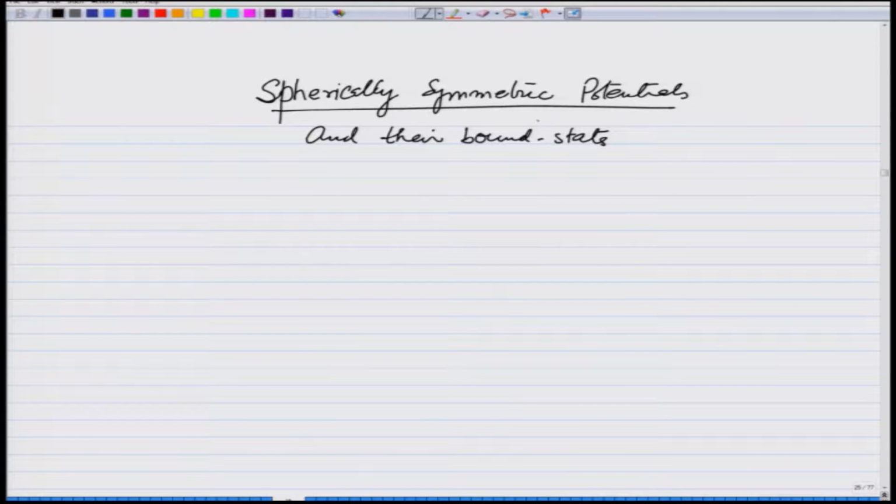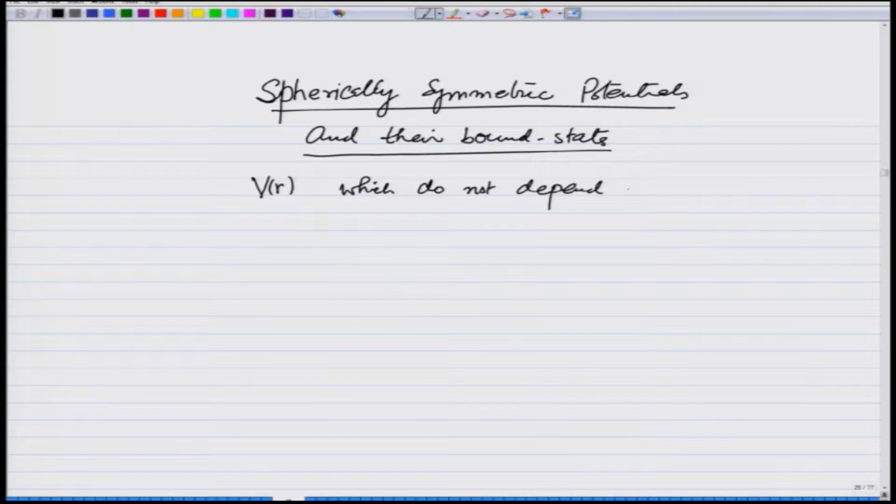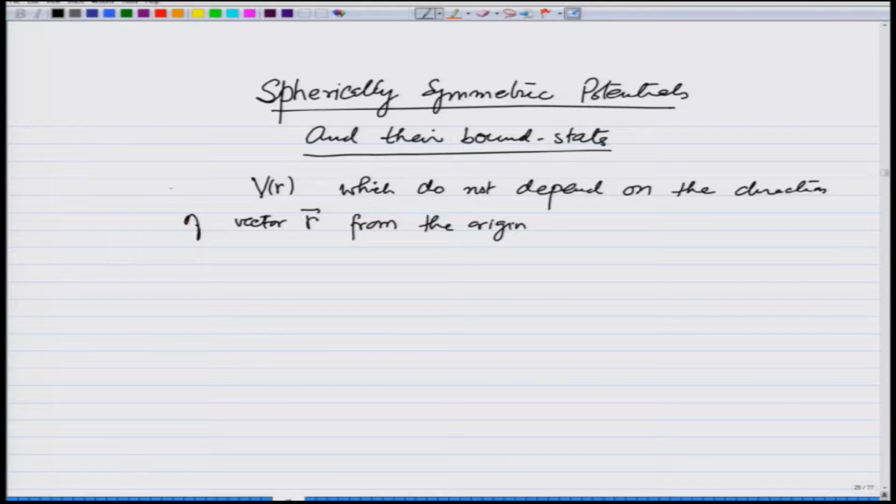So, let me explain what spherically symmetric potentials are. These are potentials V(r) which do not depend on the direction of vector r from the origin. So, this is what they do not do.